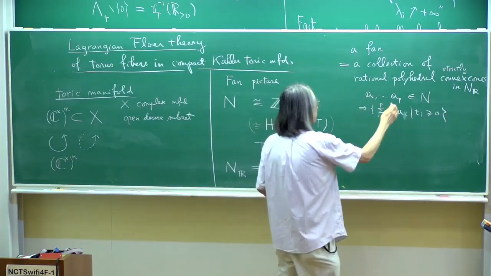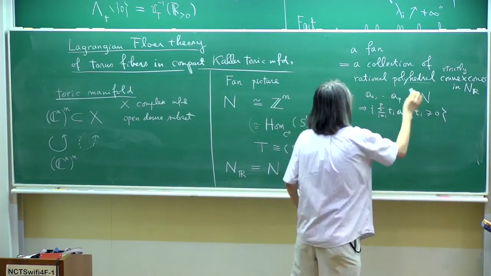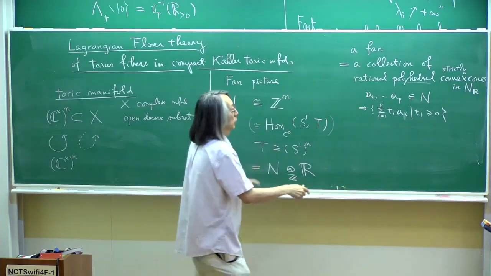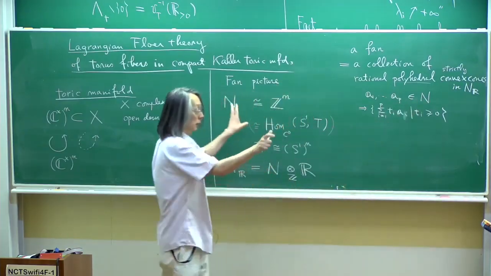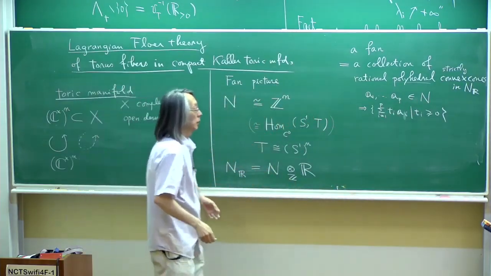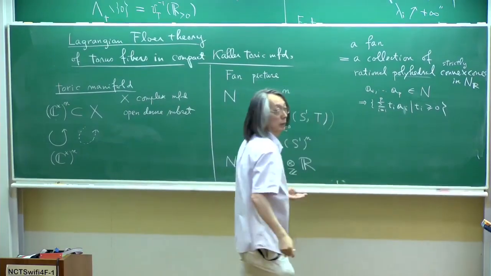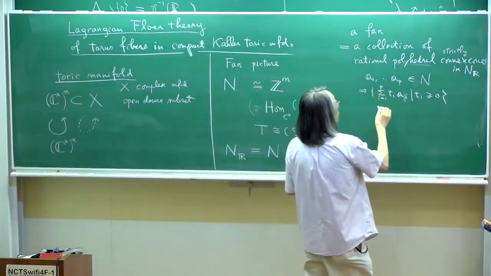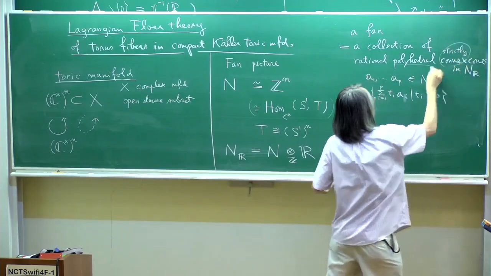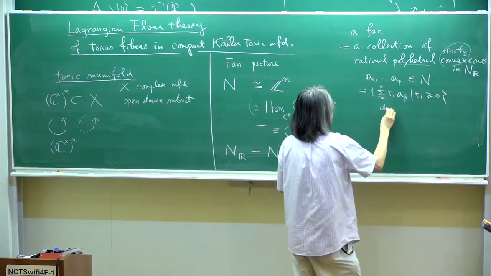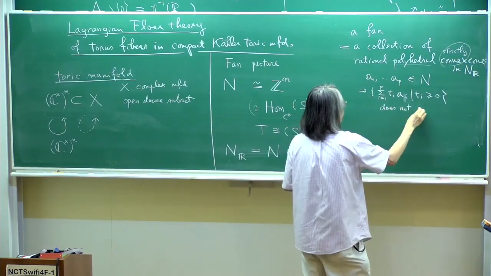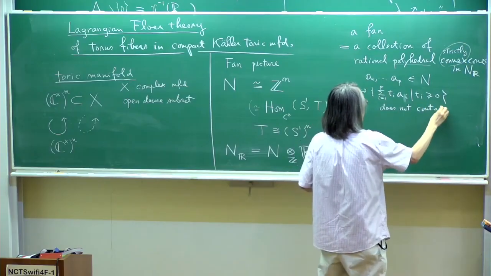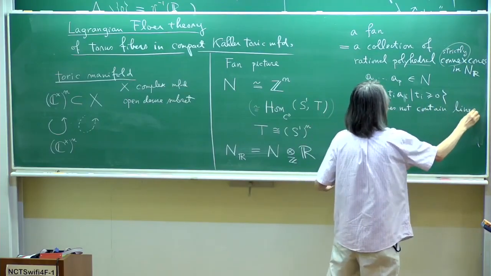This polyhedral cone is spanned by several integral vectors, and strictly convex means that it doesn't contain lines.